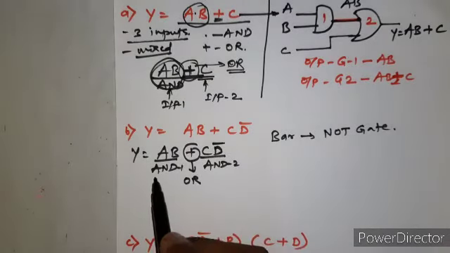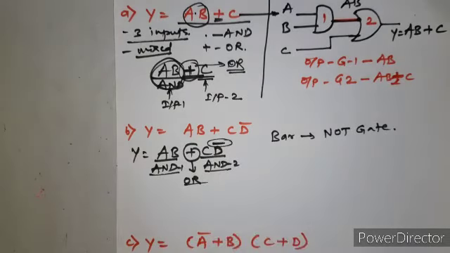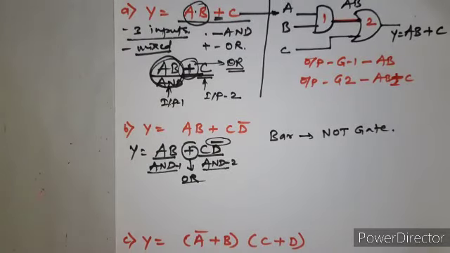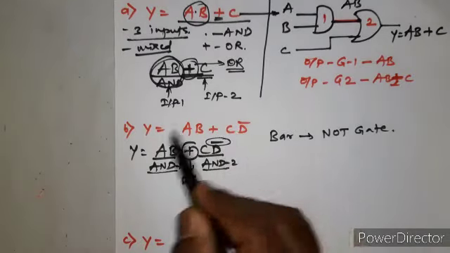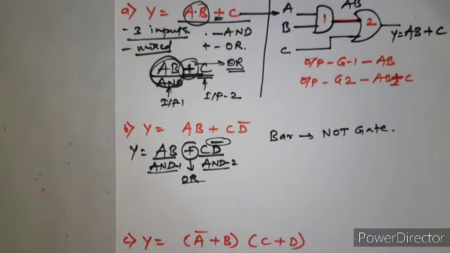So if you see, we have two AND gates, one OR gate and one NOT gate here. In a competitive exam, you may have a question on this, such as how many minimum AND gates are required to implement this logical equation. If you just look at this equation, then we have two AND gates required.